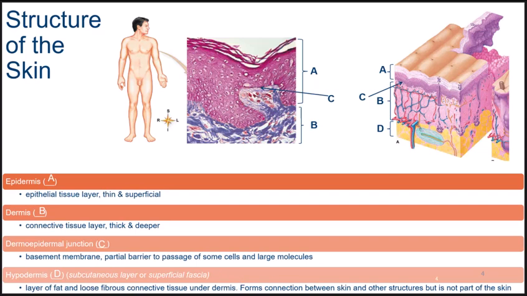It's also made up of loose fibrous connective tissue, which you might recall from our tissues lecture. So it's the hypodermis that allows for a connection between the skin above it and the underlying structures beneath it. If we look at it up here, what you can really identify is the fat, the adipose tissue, which is usually represented by a yellow color.